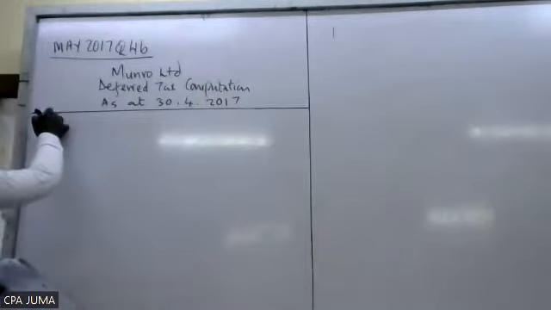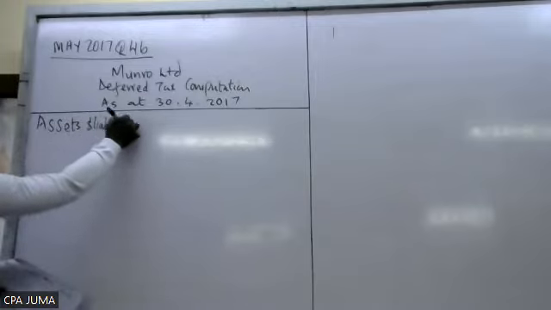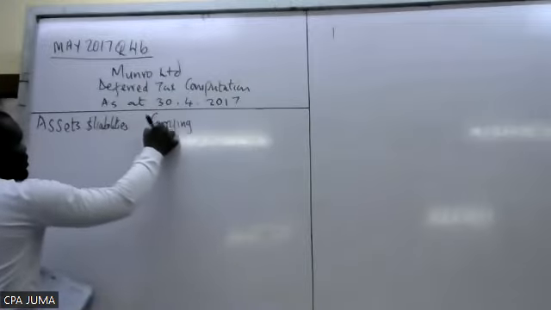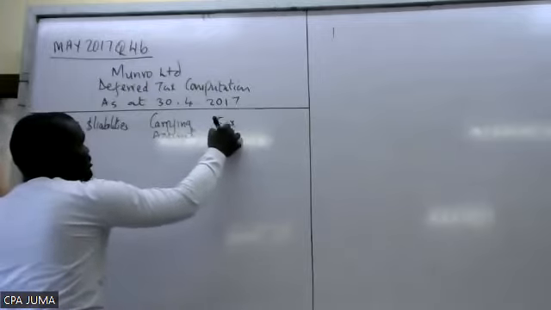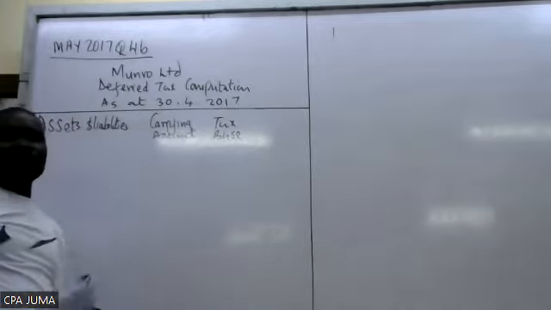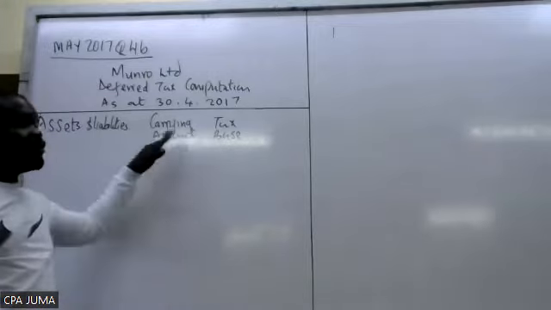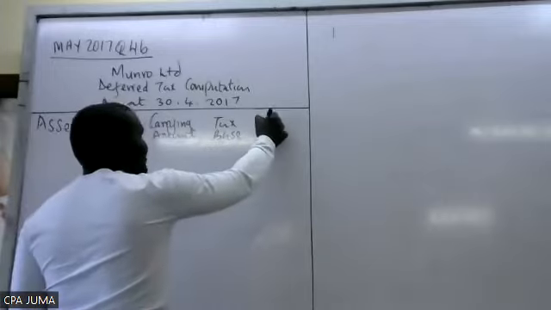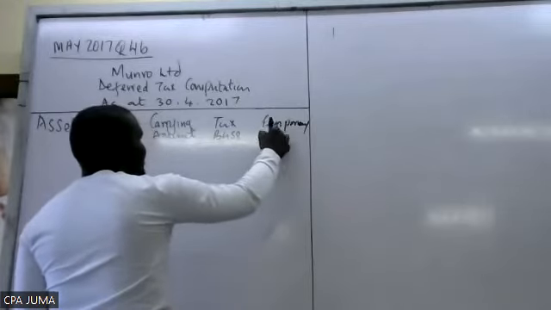So let's do this. Right here, assets and liabilities, carrying amounts. Here we report tax base. This is always the layout. This is how you present. So carrying amount minus tax base will comfortably give us temporary differences.